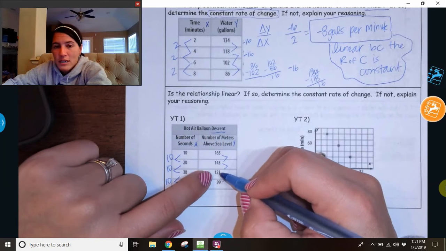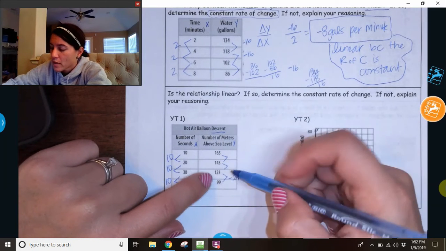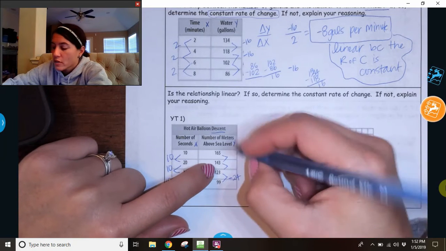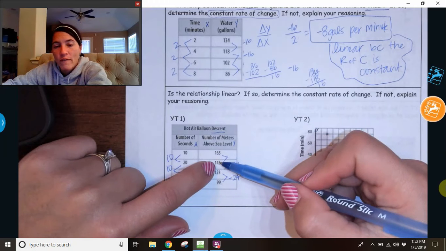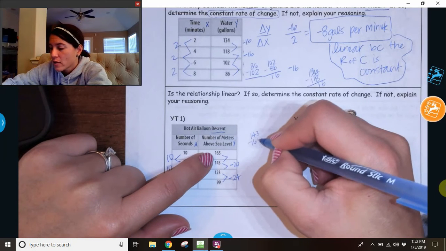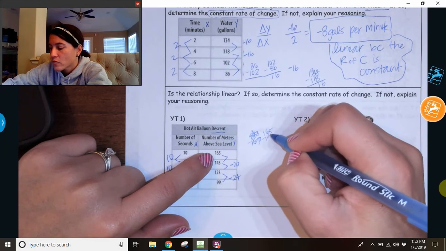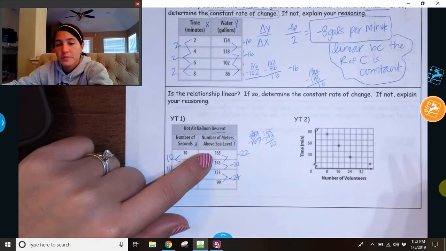So 99 minus 123 would be negative 24. 123 minus 143 would be negative 20. And 165 minus 143, negative 22.